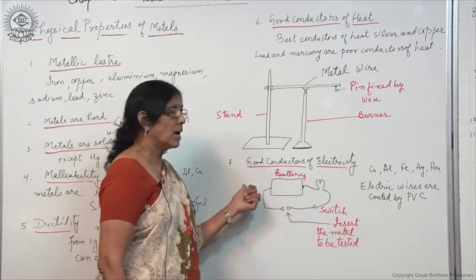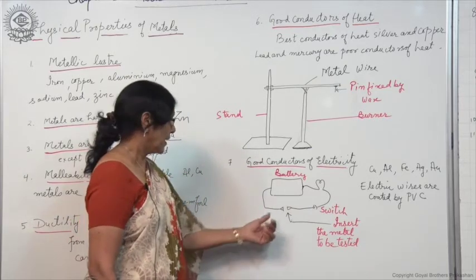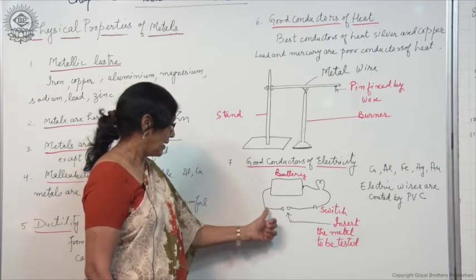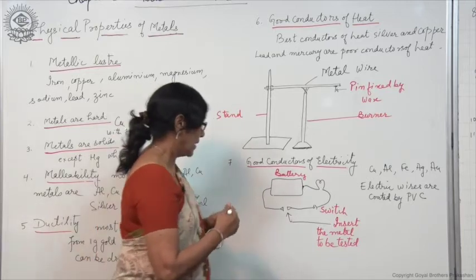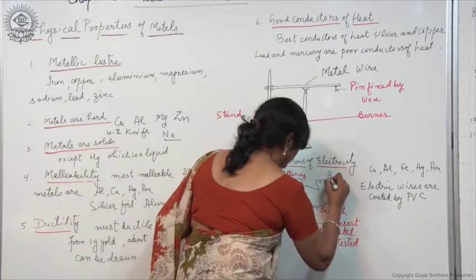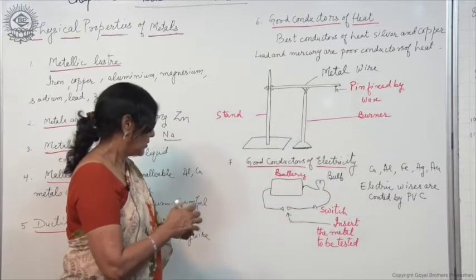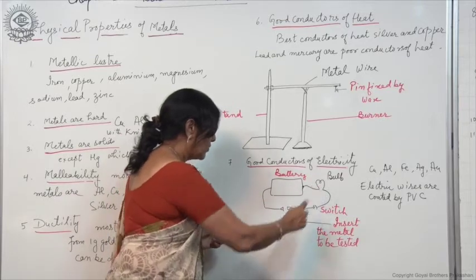Now, to test another property, another activity can be performed. Take a battery and connect it as shown in the diagram. This is the conducting wire and a bulb is placed in the circuit.